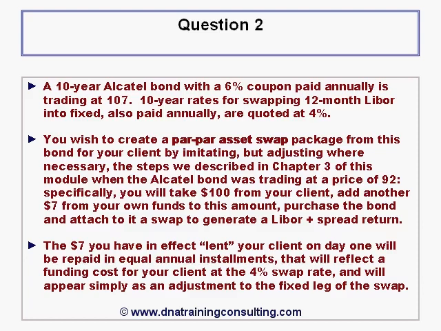Specifically, you will take $100 from your client, this time add another $7 from your own funds to this amount, next purchase the bond, and finally attach to it a swap to generate a LIBOR plus spread return.